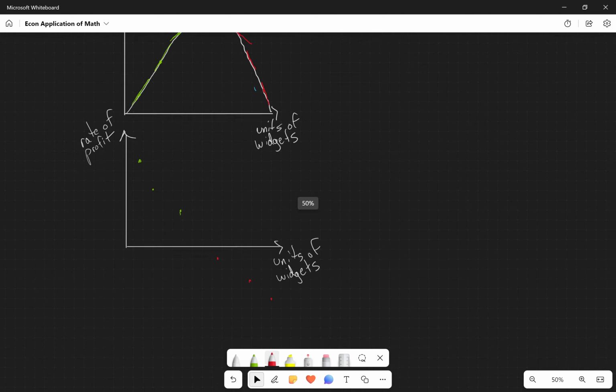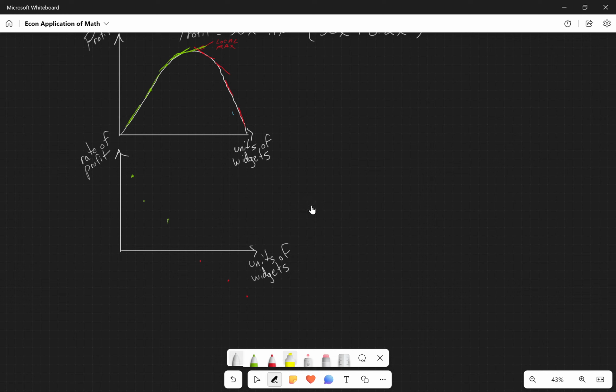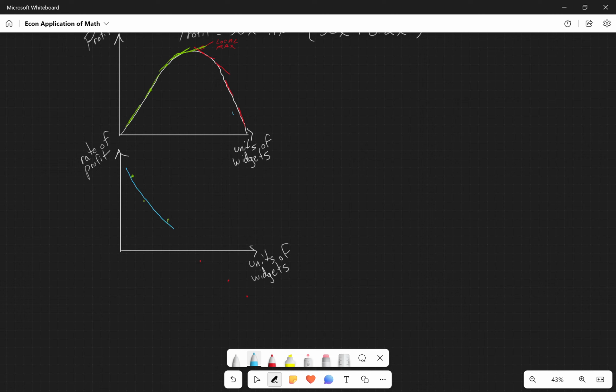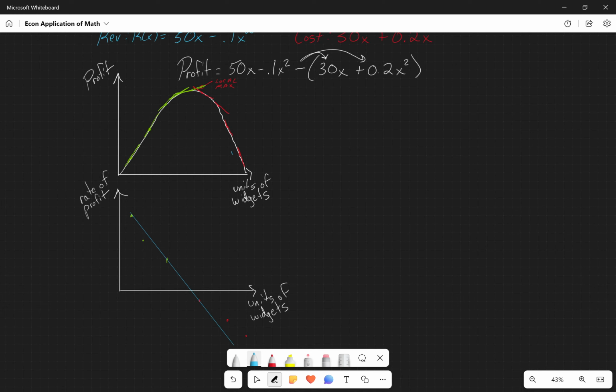And so when we put together the line connecting these three, we're going to have it crossing, hopefully, right at the topmost point of that profit curve.